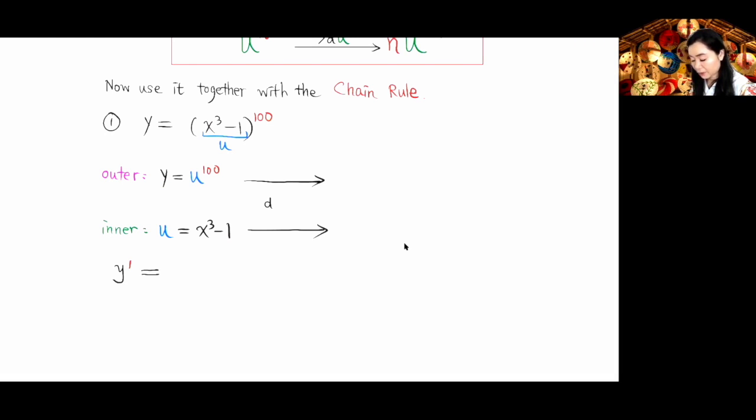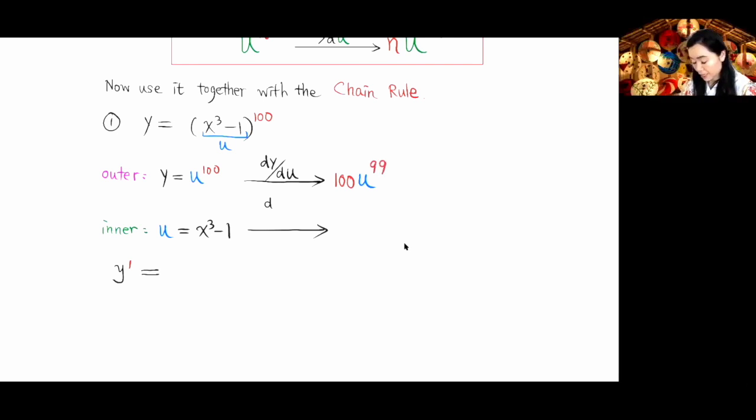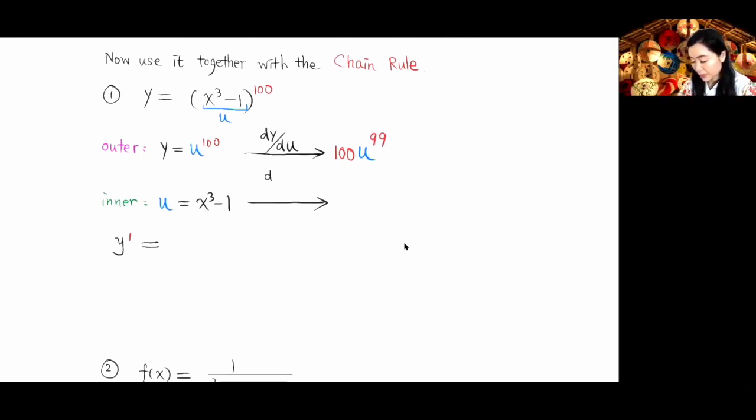Then the outer function will be u to the 100 power. Then dy du over here will be, now everyone, if you know the answer, just shout it out. So that will be what? 100 times u to the 99 power, right? Okay.